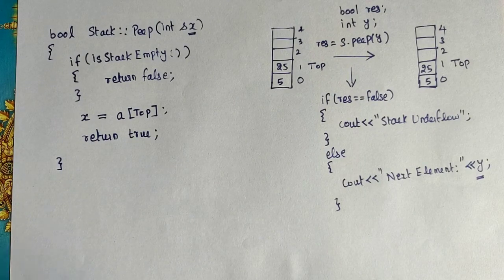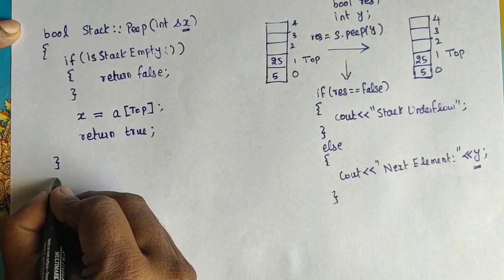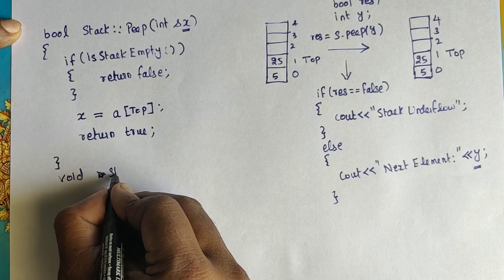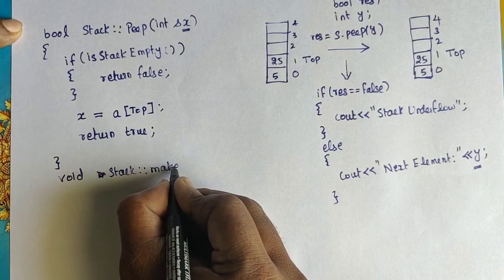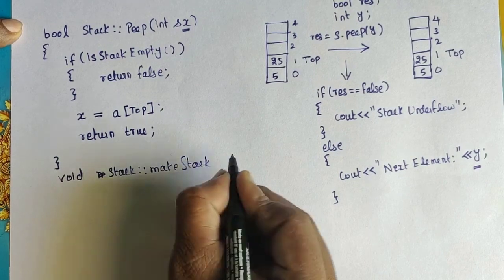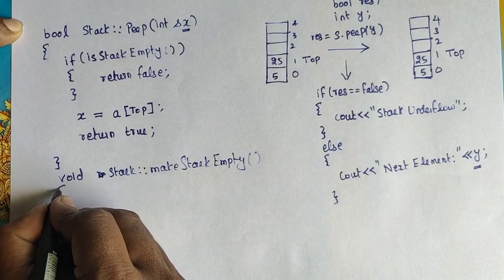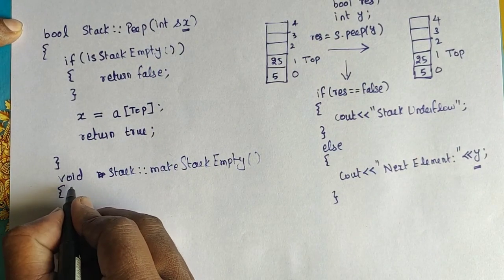The last operation is make stack empty. So that operation is void, okay, and make stack scope resolution, make stack empty, of no input. Here this operation is not going to return any value. It is void.